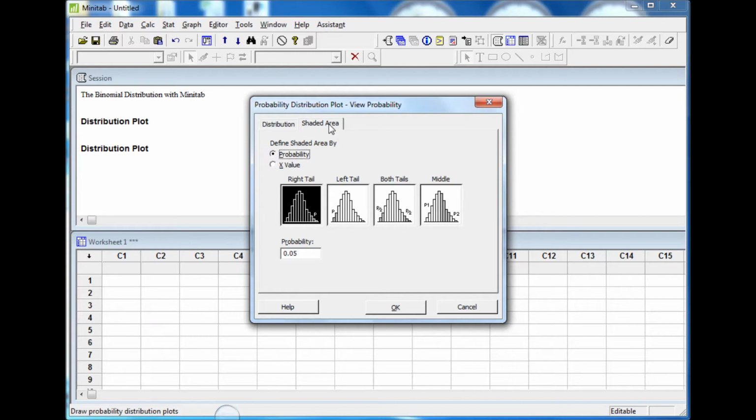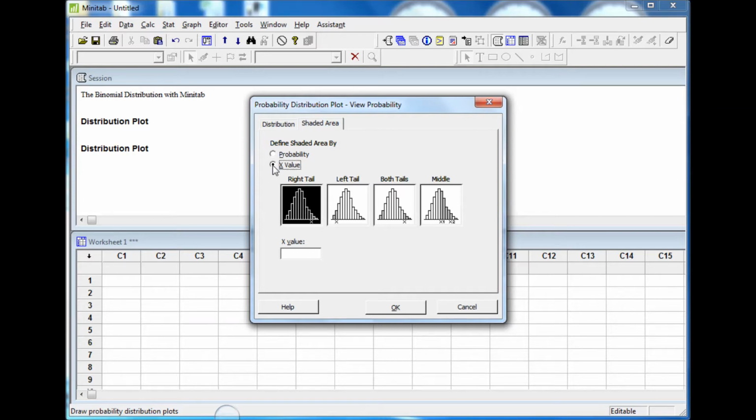Now when you click on shaded area, we want to know what's the probability of getting 3 correct answers out of the 4 questions. So we need to understand what's the probability related to a specific value. So for this reason we click on X value, which will be 3, because we want to know the probability of 3 correct answers out of the 4 questions.